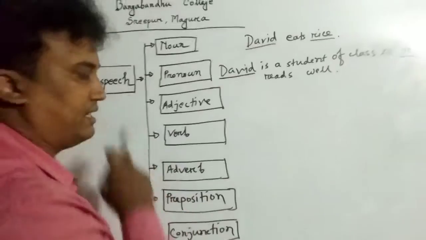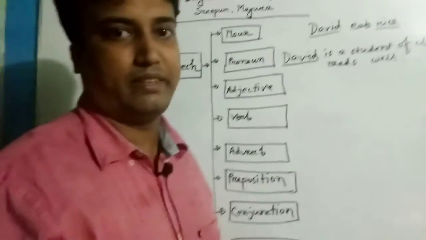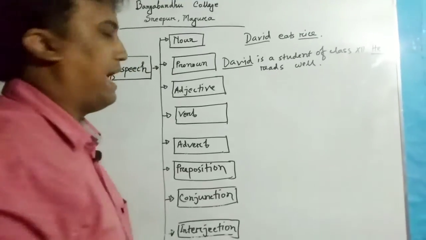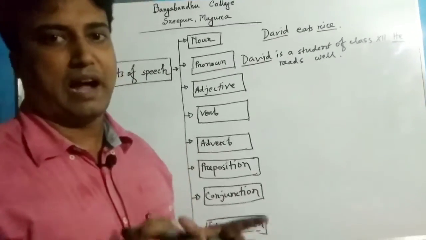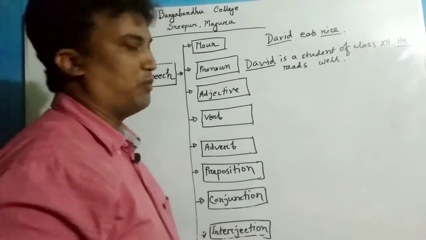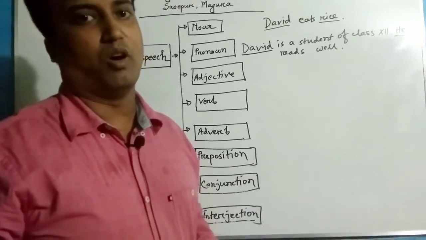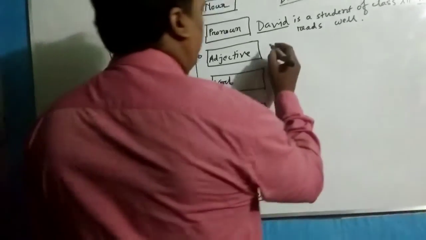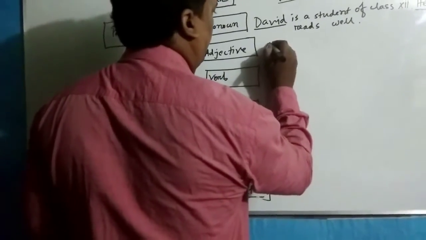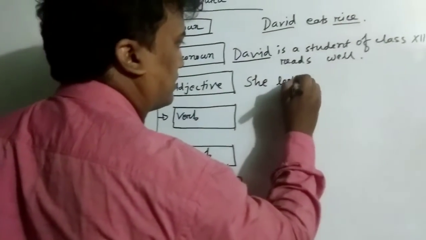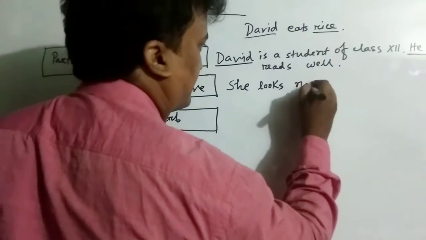So adjective. What is adjective actually? An adjective is a part of speech which modifies noun or pronoun. For example, she looks nice.